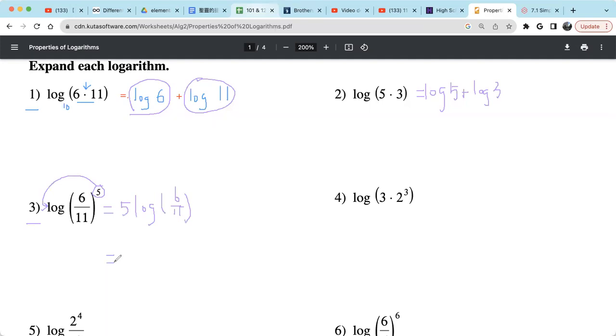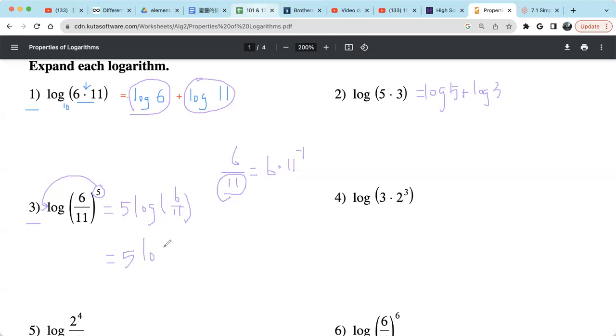And second, I see this is a quotient, right? Remember what 6 over 11 is? I can rewrite this as 6 times 11 raised to -1. Remember, x raised to -1 equals 1 over x. So this 11 in the denominator is 1 over 11, and I can write it as 11 raised to -1. If I do that, I get a subtraction.